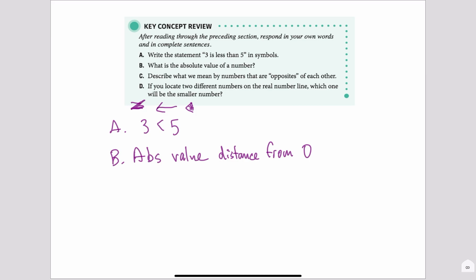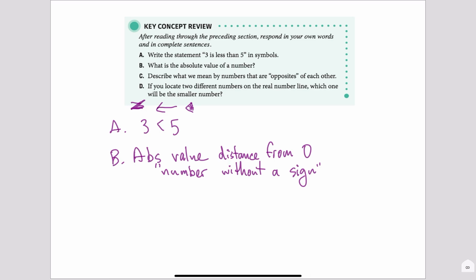The absolute value of a number is the number's distance from 0. In other words, the number without a sign. That's a helpful way to think about it. So if you have the absolute value of a number, just drop the absolute value bars and drop any sign that's inside, and take the number out as its distance from 0 as a positive number.